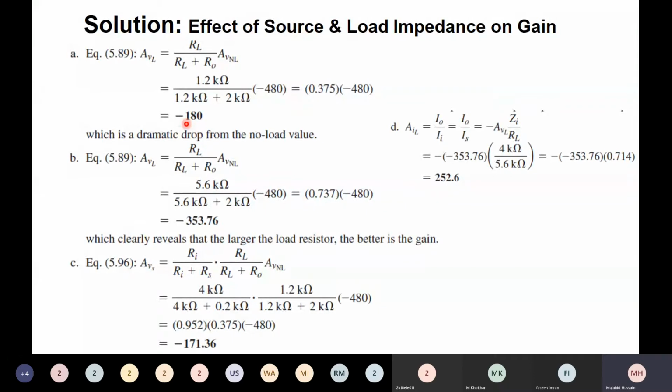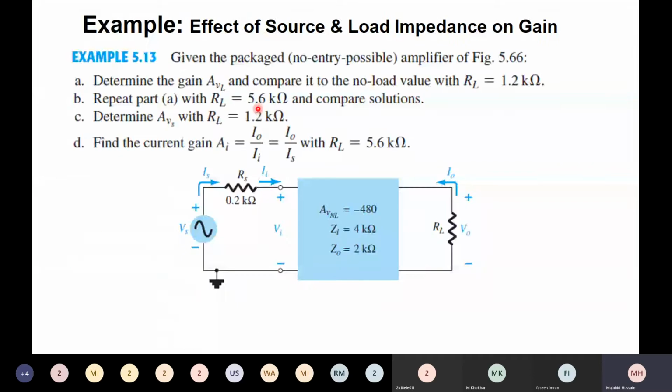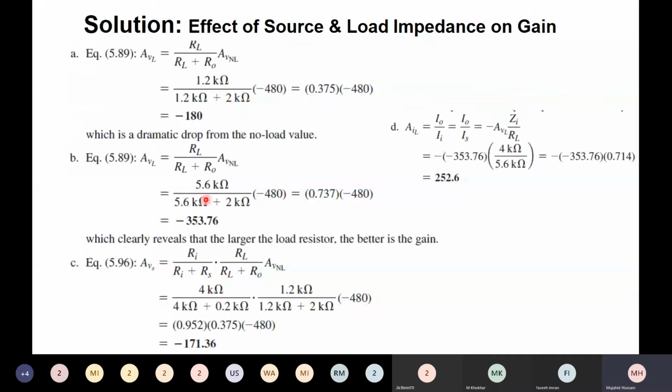You can see there is a comment by the author that it is a dramatic drop from the no load value. Similarly, in the second part we have been asked to repeat it with a higher load resistance value. So in the second part we only replace RL with 5.6 kilo ohm, and the rest of the things are the same. You can see that this loaded voltage gain is less than the no load value, but it is reasonably close to the no load value.